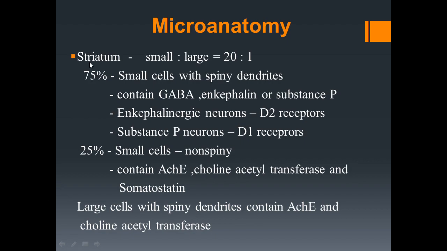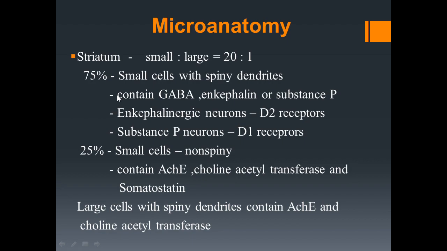Now this neostriatum is also called striatum, and in the neostriatum there are small as well as large motor cells, and the ratio between the small to the large multipolar neurons is 20:1. 75% of the small cells have spiny dendrites, and they contain GABA, enkephalin or substance P.